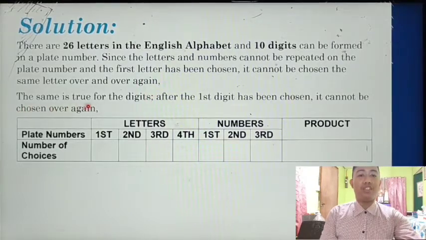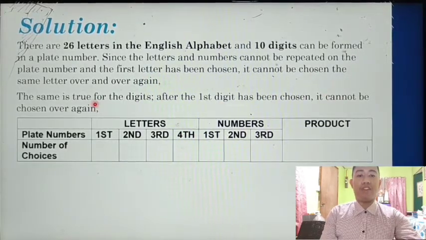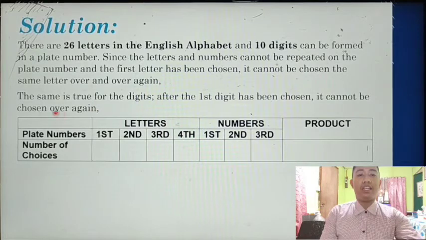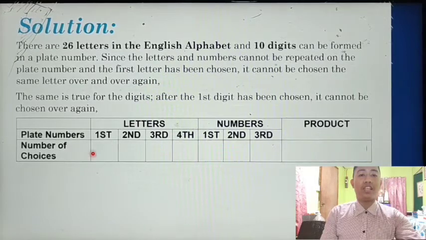The same is true for the digits. After the first digit has been chosen, it cannot be chosen again. So let us illustrate with a table to clearly understand the number of possible choices for every letter and number.